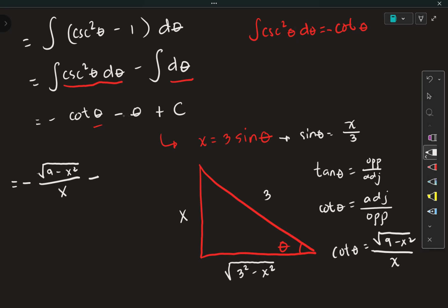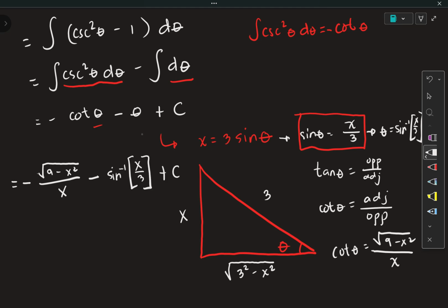So the cotangent term is negative square root of 9 minus x squared over x, minus, what is the value of our theta now? Since sine theta is equal to x over 3, theta is equal to arc sine of x over 3, plus c.